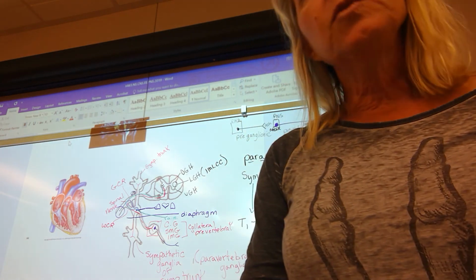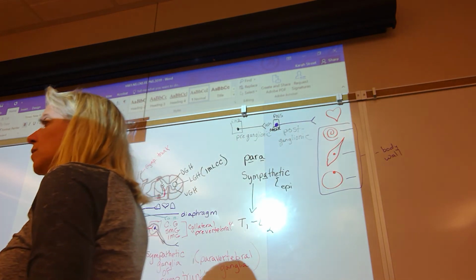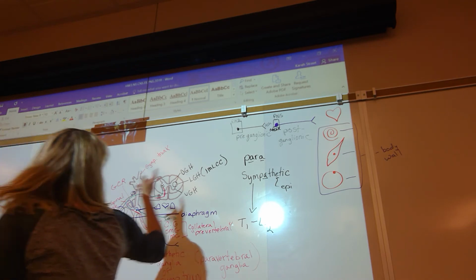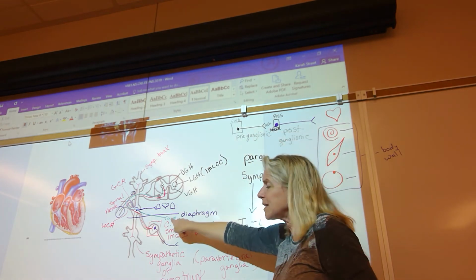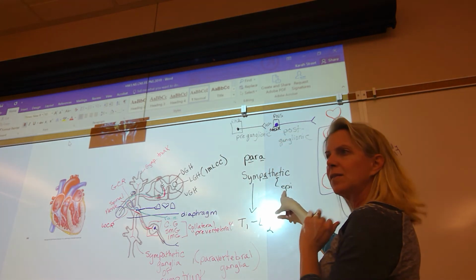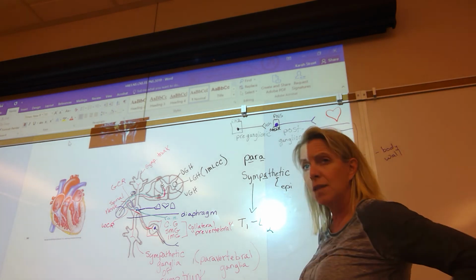And the adrenal medulla is such a unique exception because the adrenal medulla is the second neuron. So that's pretty much the postganglionic. It is the postganglionic neuron in this gland, just a whole bunch of them collected. And that's why we get such a huge amount of epinephrine released from our adrenal glands.